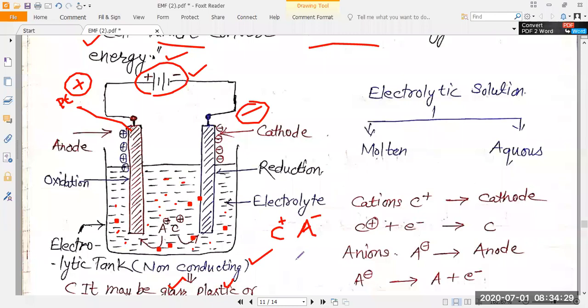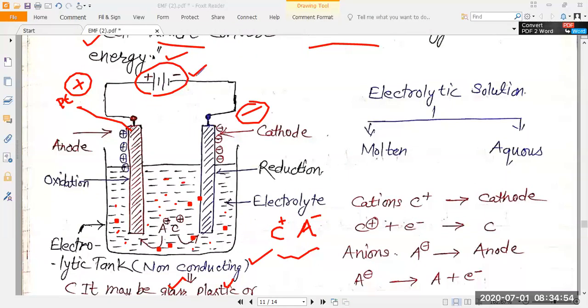The electrolyte consists of two ions: first is the cation and another one is the anion. This is the cation portion and this is the anion portion. The cation is the positive portion, the anion is the negative portion.